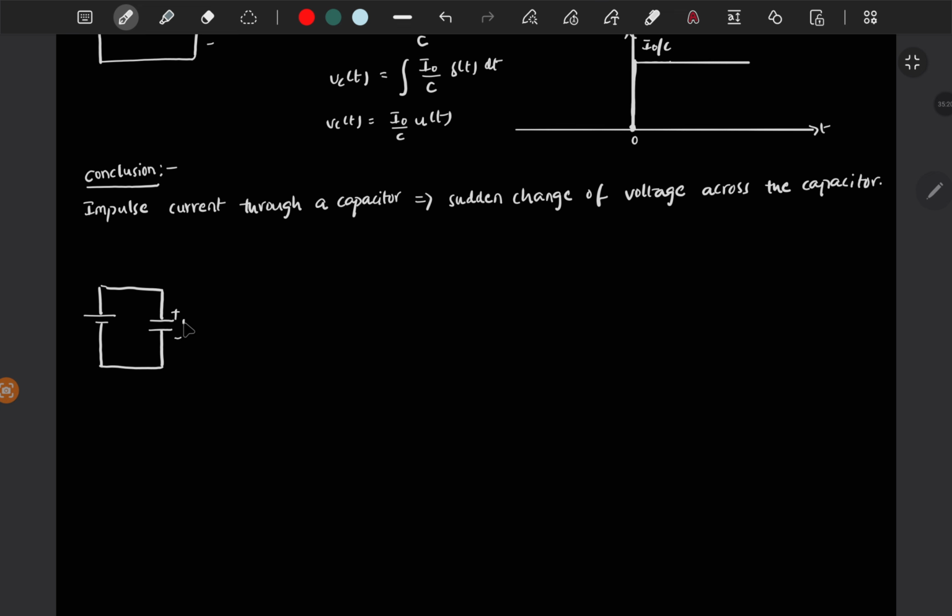So let's say the initial voltage is 0 and you have directly applied, let's say, 5 volt. So at t is equal to 0, you have applied 5 volt directly to a capacitor. Definitely this 5 volt is in parallel to the capacitor terminals, right?